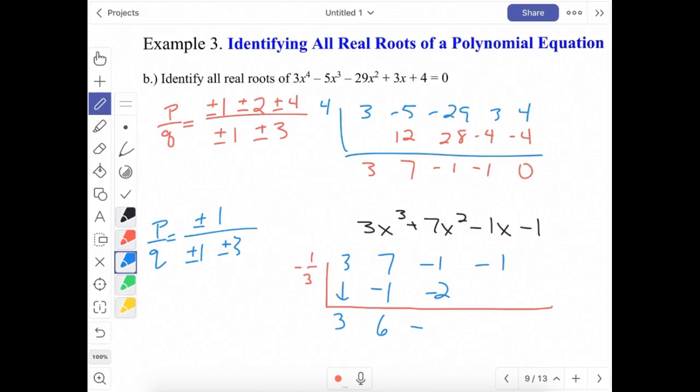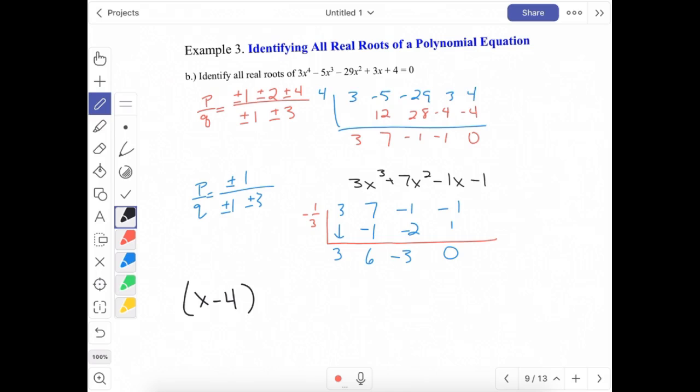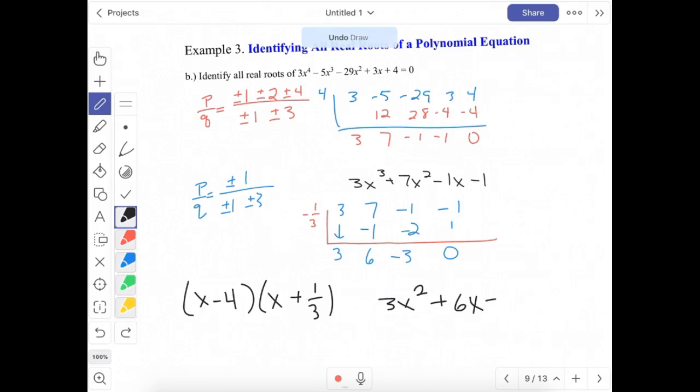I get negative 3. Times negative 1/3, we get positive 1 and 0. So then lastly here, we've come up with two factors, x minus 4, x plus a third. Now we have this 3x squared plus 6x minus 3 equals 0.